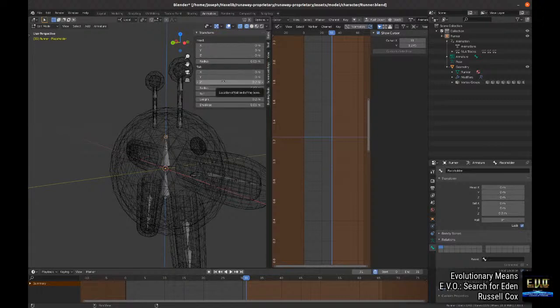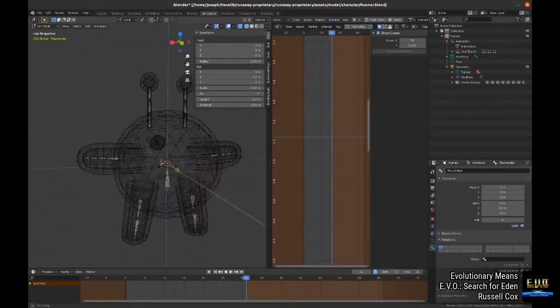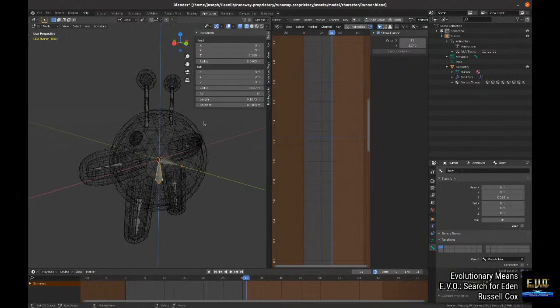Tail, z-axis. Oh. Wait, that's... Okay, whatever. Did that change?